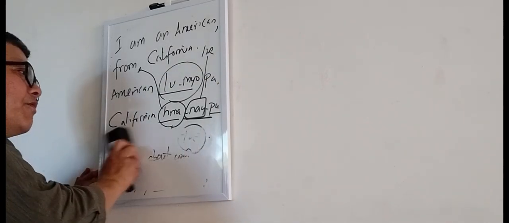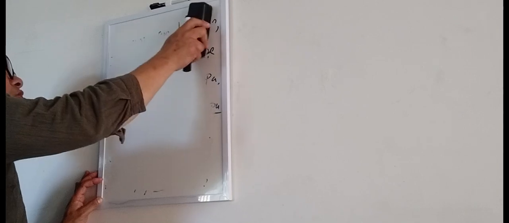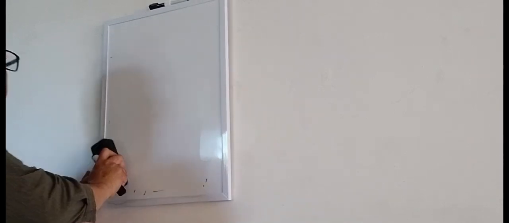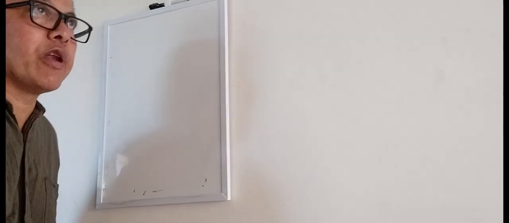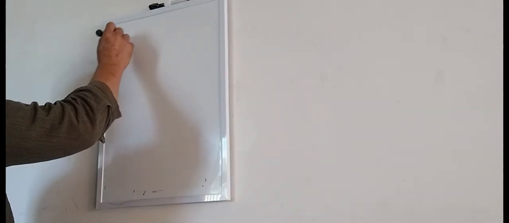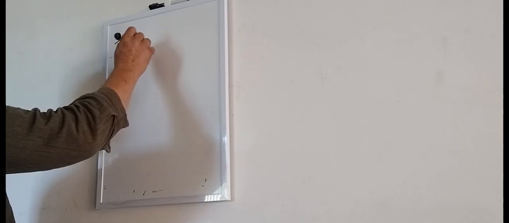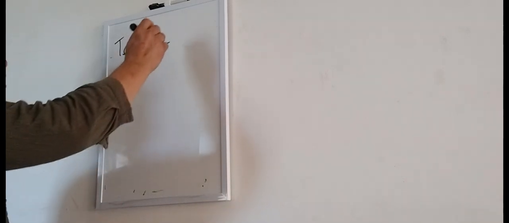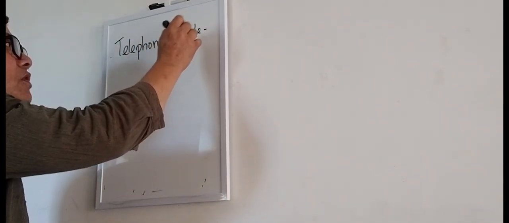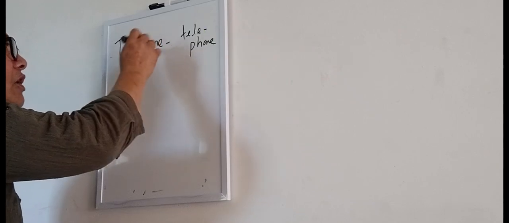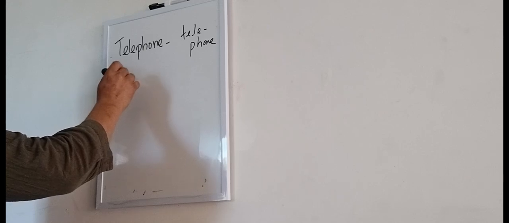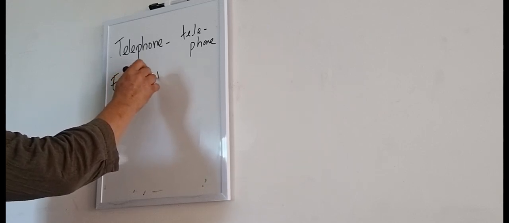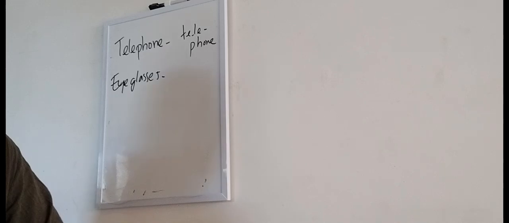Okay, so that's the 4 sentences we cover for week 5. Then we're going to go for a bit of vocabulary. Telephone: we take the same as the ballpoint pen, we say telephone in Burmese, just copy the English word. And then eyeglasses, we say Myanmar.